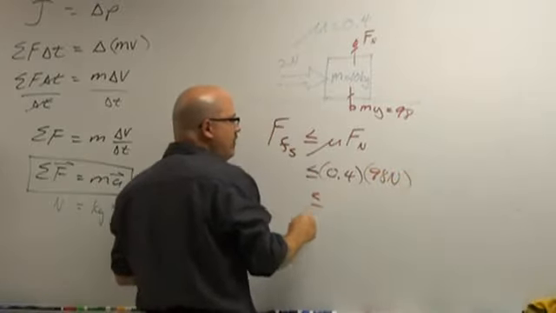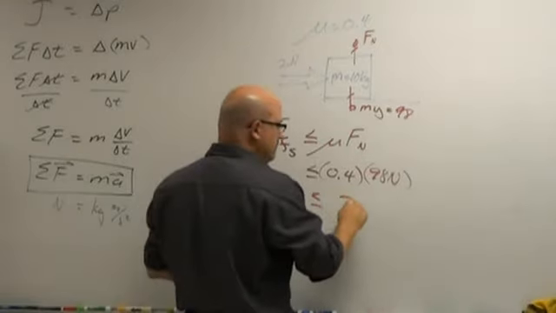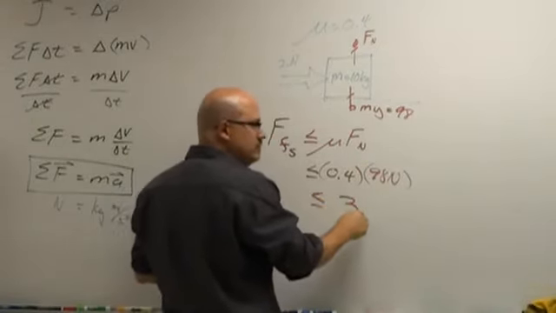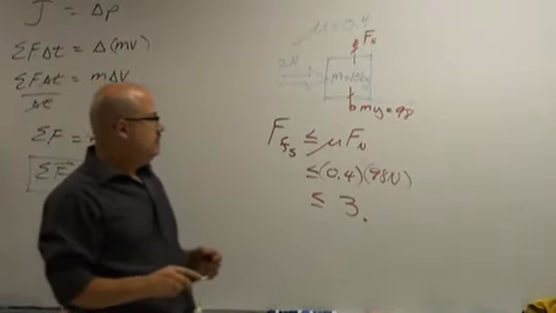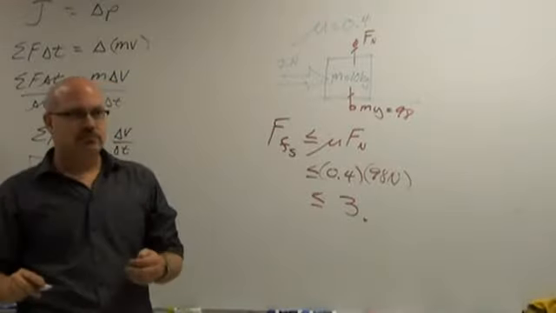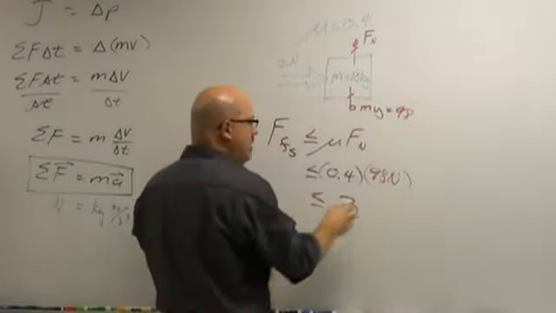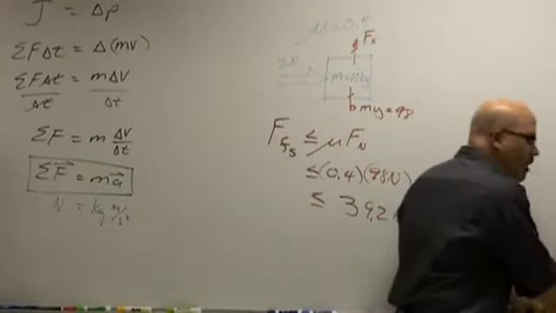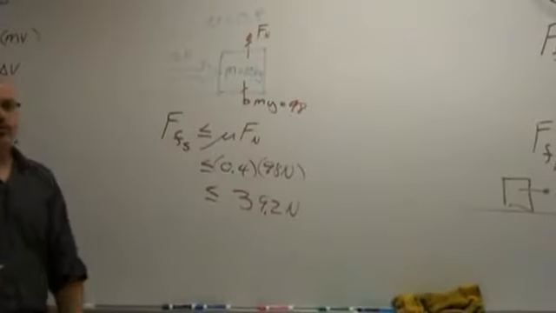So what's 0.4 times 98? 39.2 newtons. So you write down that your answer is 39.2.